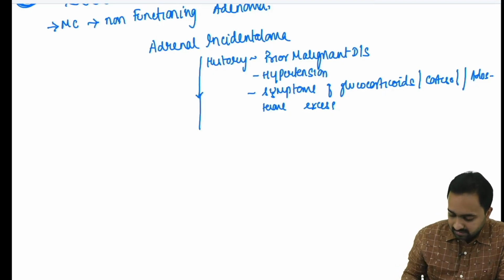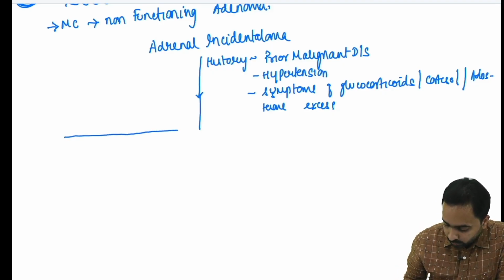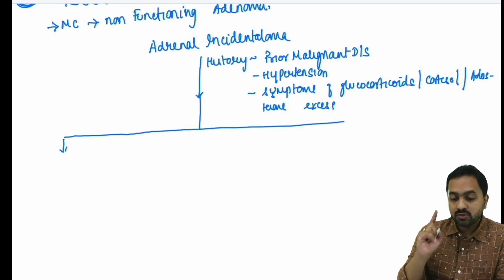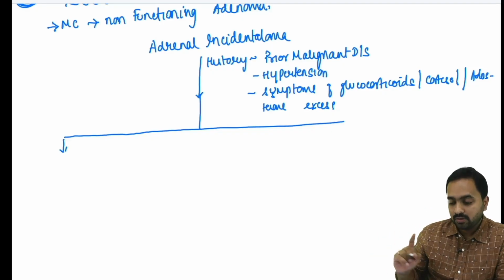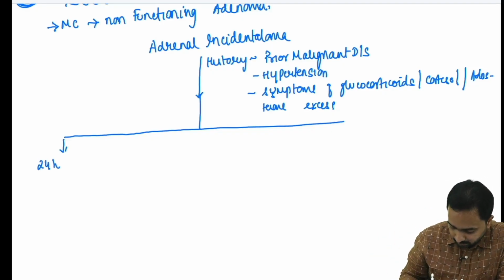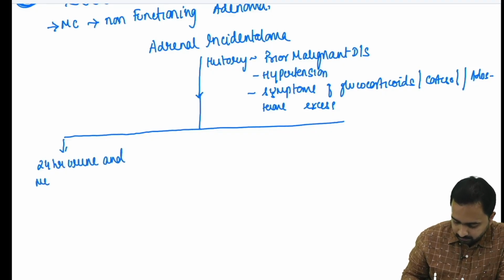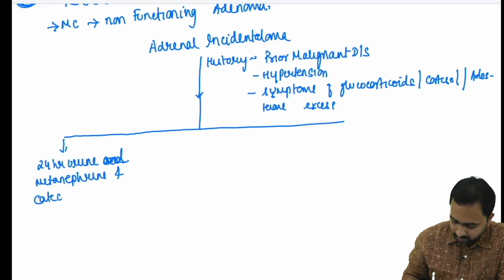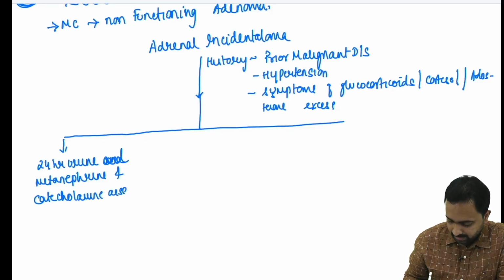Right? Now, once we take this history, we need to establish whether this tumor is a functioning tumor or not. To assess whether it is a functioning tumor or not, we do the following tests. Number one, 24-hour urine metanephrine and catecholamine assay.